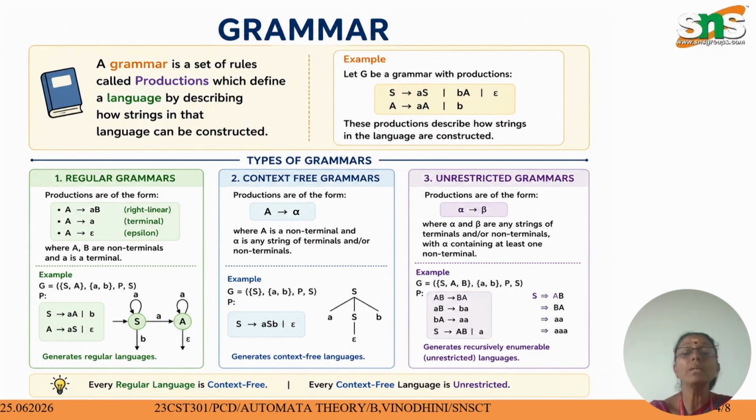For example, the string ab should be constructed using the grammar only. We have three types of grammars: regular grammar, context-free grammar, and unrestricted grammar, which we will see in the next video.